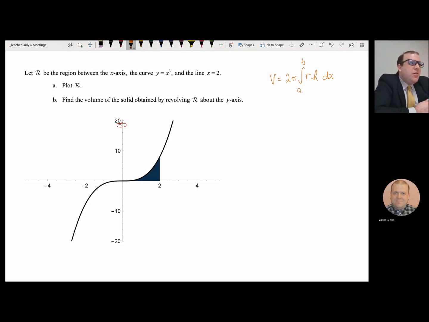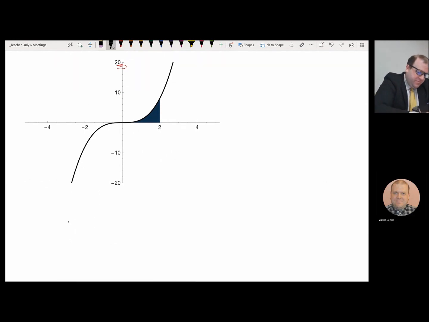R is the same. R is measured as the distance from the axis of revolution to the region. H represents the height of the region. Okay, so we're integrating over 0 to 2.